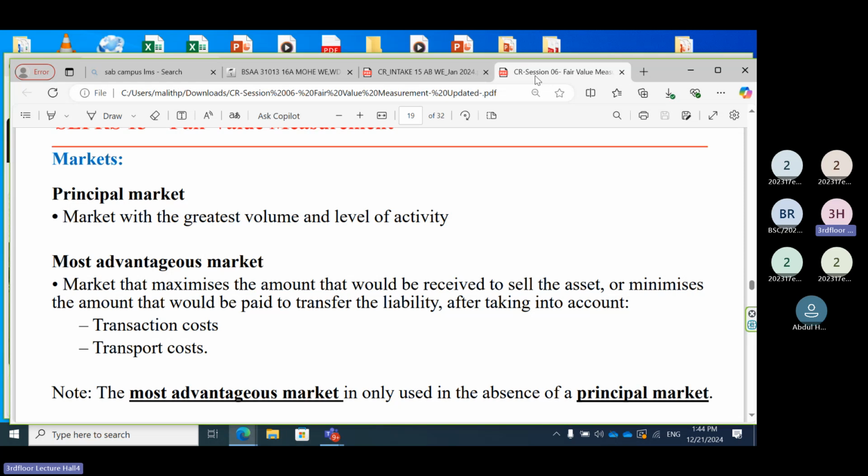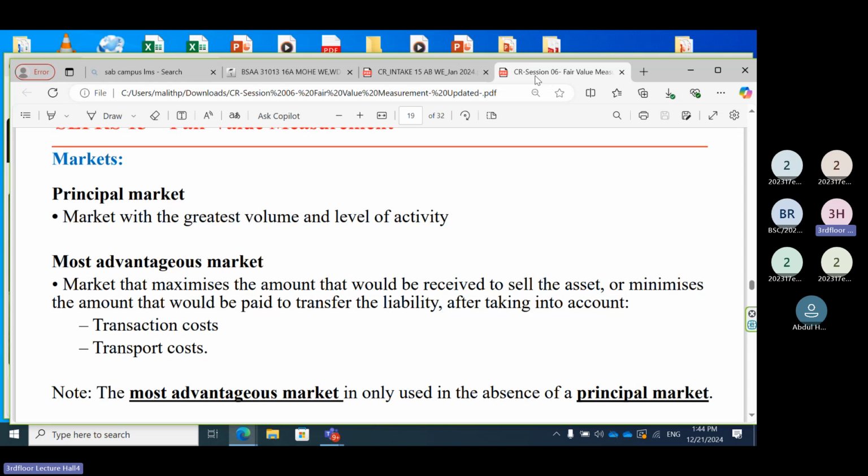Market price, yes. From market to market, the price may change. But once you are doing your fair valuation, that fair valuation should be common. A fair valuation can't be specific to an entity or a person.